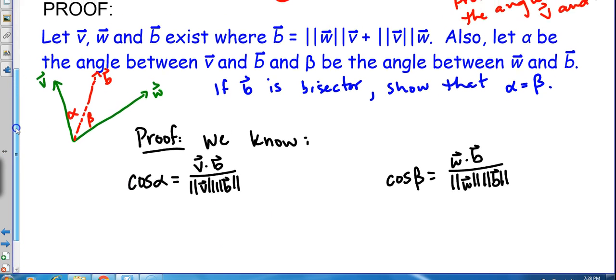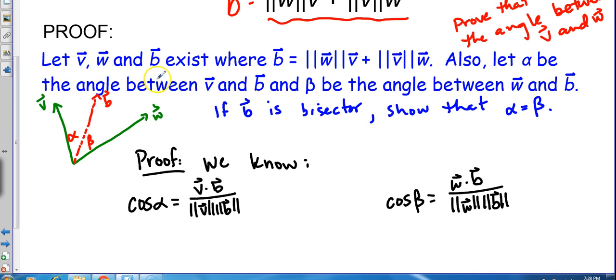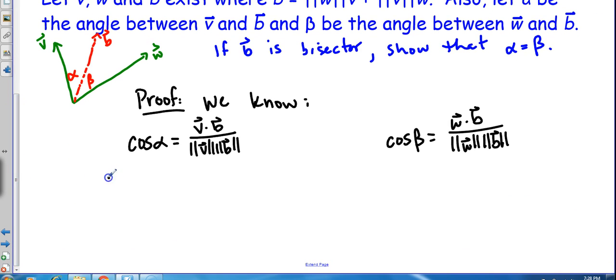So like I just mentioned, we're going to make use of that dot product property that we just talked about. So it's kind of like the distributive property, where if we have one vector dotted with the sum of two vectors, then it essentially just distributes to those two. So let's go ahead and we're going to refer to this as property 1.